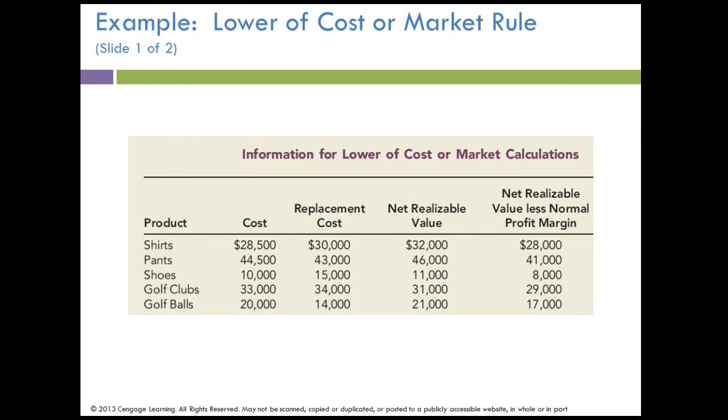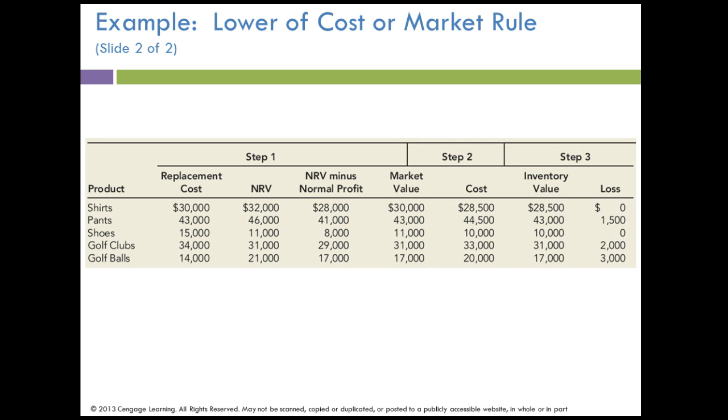For lower of cost or market, here's an example of various products: the cost that we purchased them for, the replacement cost, the net realizable value, and then the net realizable value less that normal profit margin. So you see here we're going to have different scenarios, and we can look and see what we're going to need to write down with this inventory.